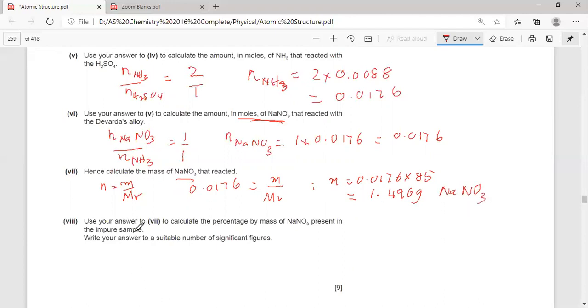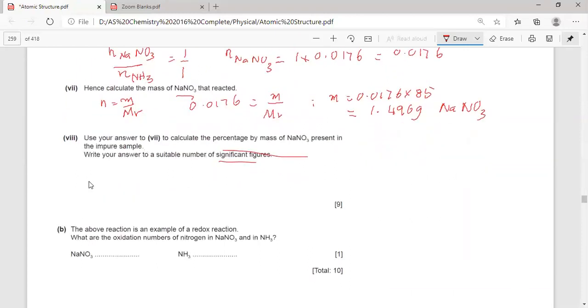Okay, so use the answer to calculate the percentage of mass of this one in your impure sample. Suitable significant figures, very important. You can see how much they want there. So percentage of sodium nitrate. These are mass, always mass. Can you use moles? Mass of sodium nitrate over mass of sample, times 100.